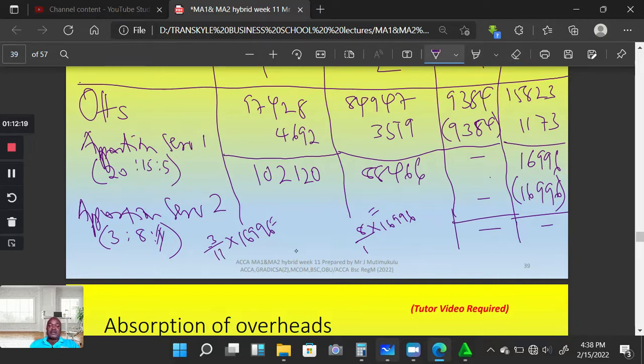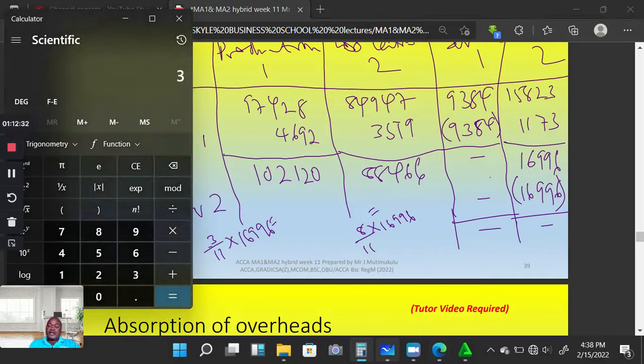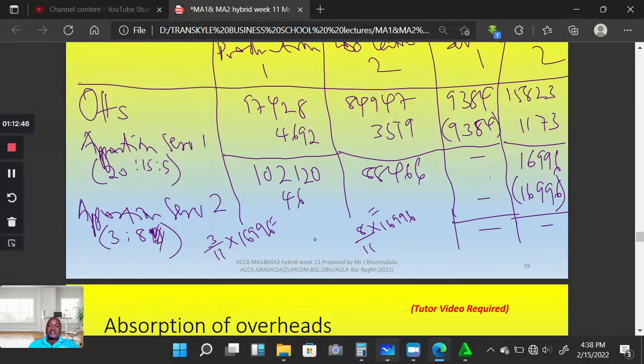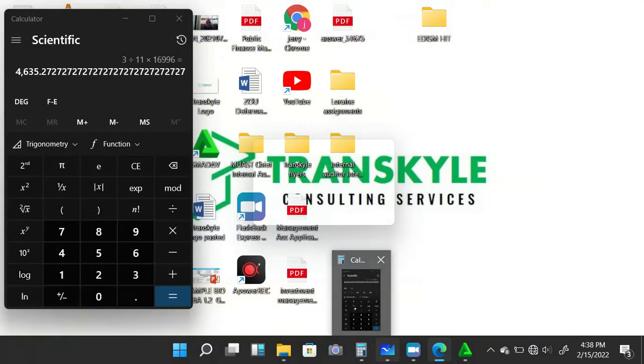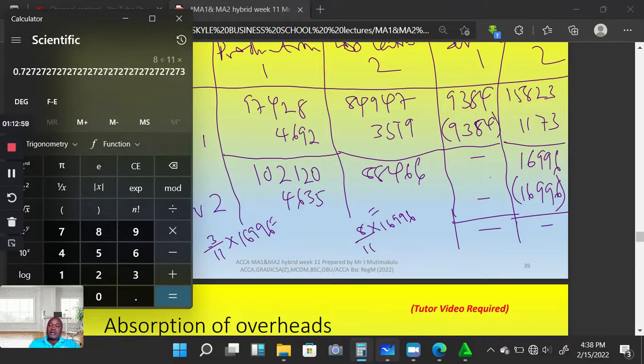So 3 over 11 multiplied by 16,996 gives 4635, and 8 over 11 multiplied by 16,996 gives 12,361.